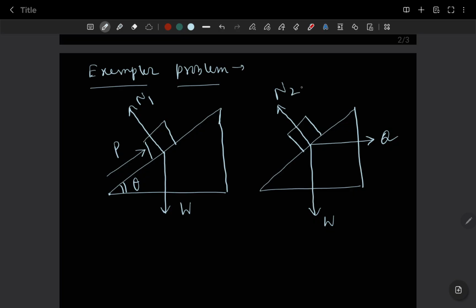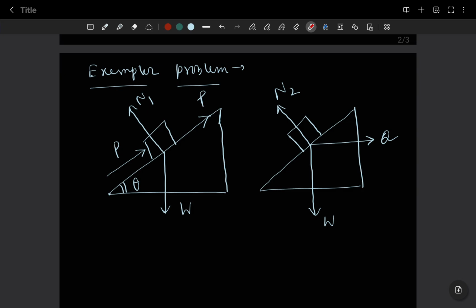Clear? So see, three forces P, W and N1 act at a point simultaneously, three coplanar forces producing equilibrium, so we can safely apply Lami's theorem.